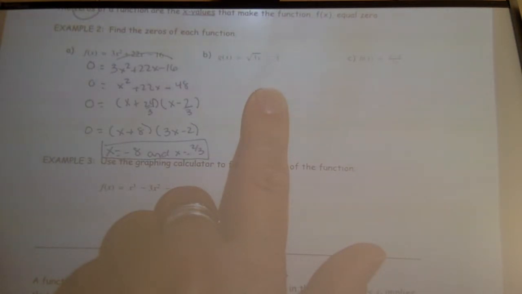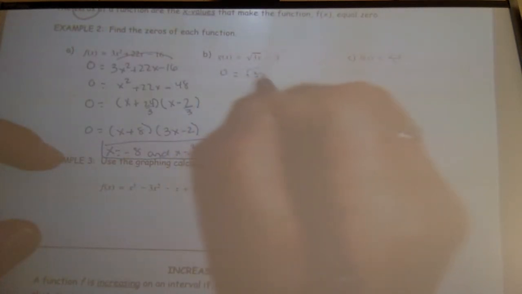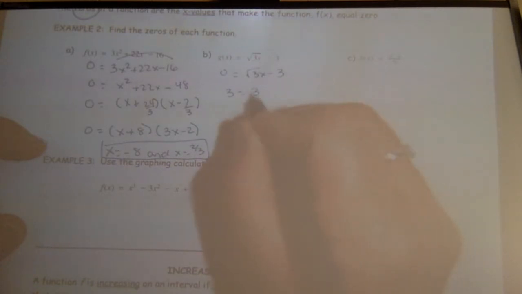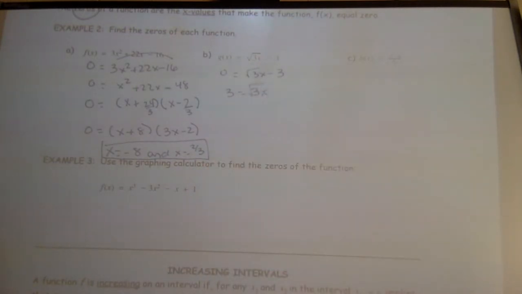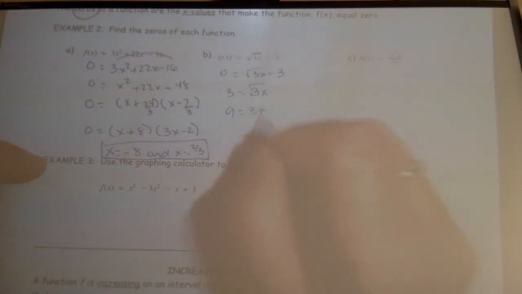You put 0 over on the left side of the equal sign. Add 3 over there. There you go. We're finding 0, so we put a 0 in. We add 3 over. Then what? Square it now. To get rid of that square root, we've got to square it. So we get x is 3.